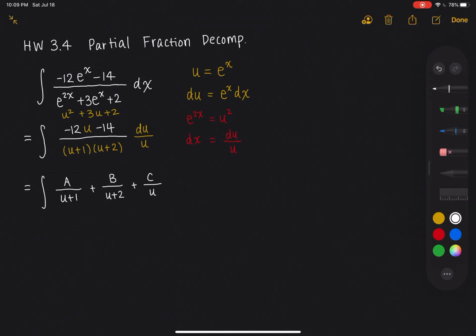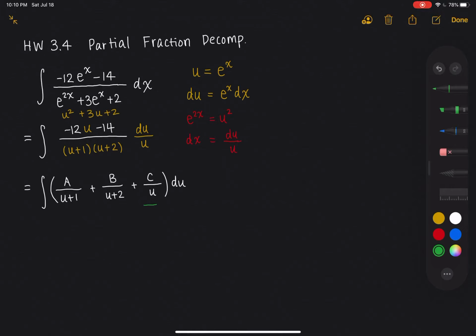All these are with respect to u, so we integrate those. If you know the constant c, then the antiderivative is just natural log of the absolute value of u, multiplied by c in the front.